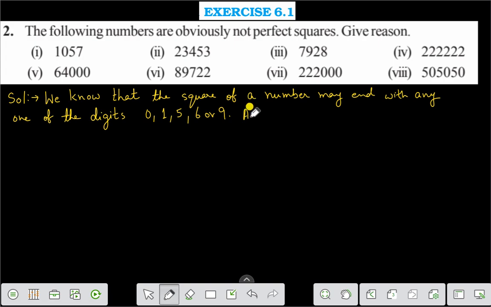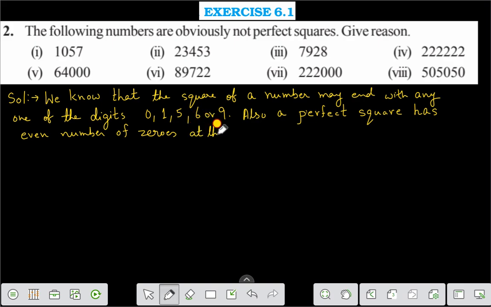Also, a perfect square has an even number of zeros at the end of it.